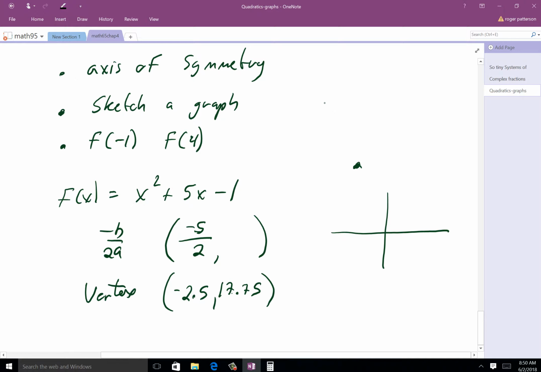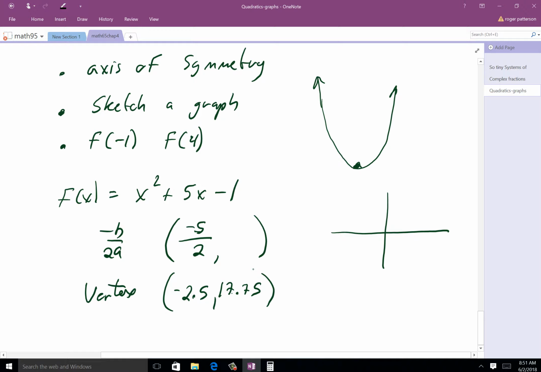So I'm going to get this kind of a look. How do I know? Well, A is positive, so I know it's going to be aiming upwards. And it's not real big, so it's not going to be very narrow. And it's not decimal, so it's not going to be real wide, so I just sketched. All right. There it is.